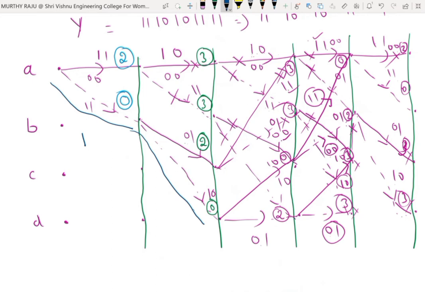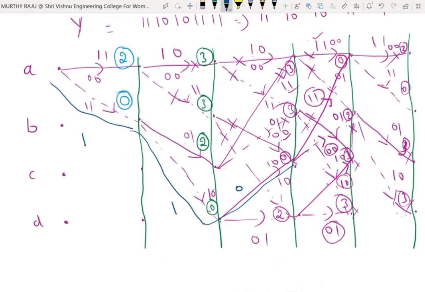Here dashed lines indicate 1. From this point, 0 and 2, the minimum value is 0. Follow this path. Solid line indicates 0.